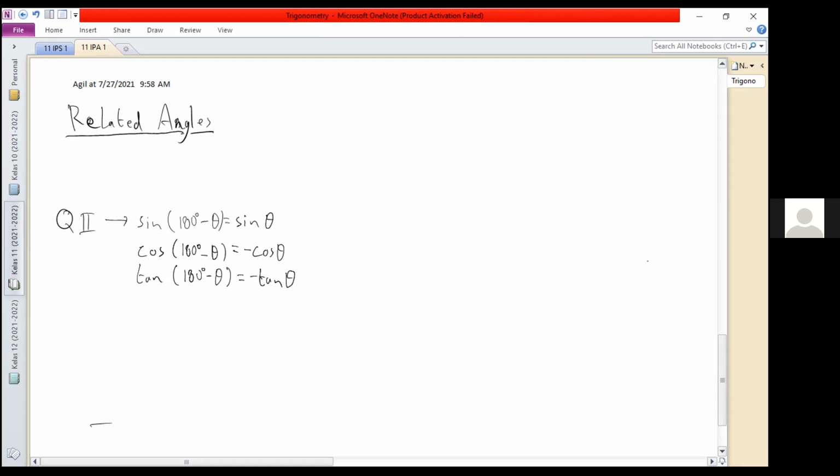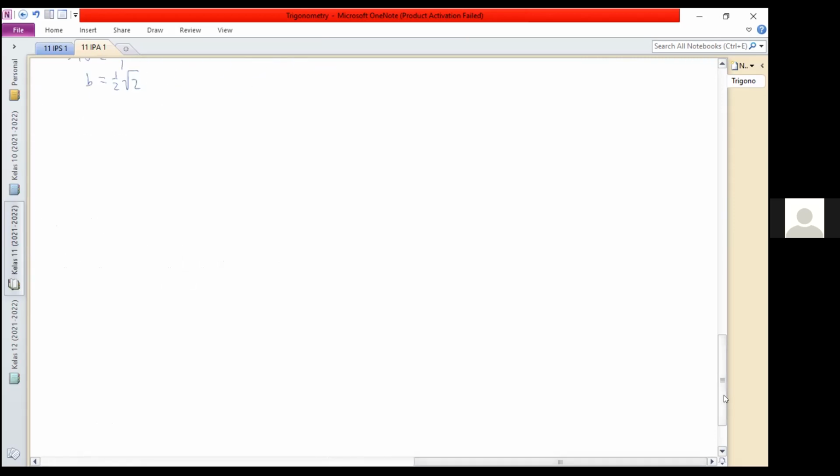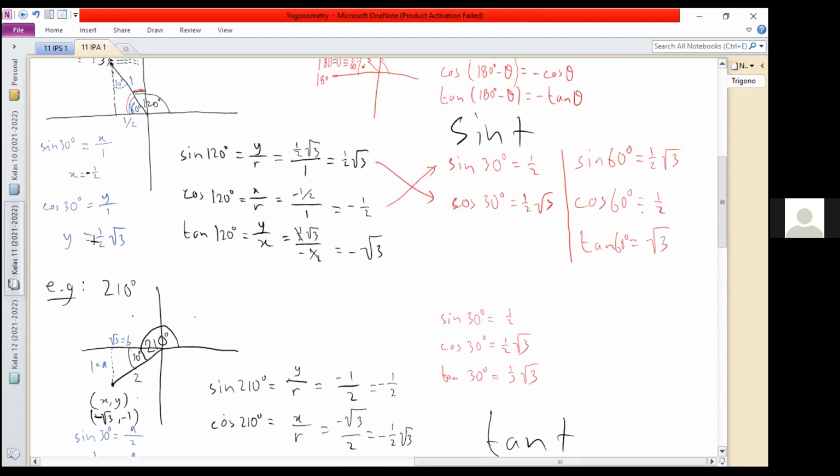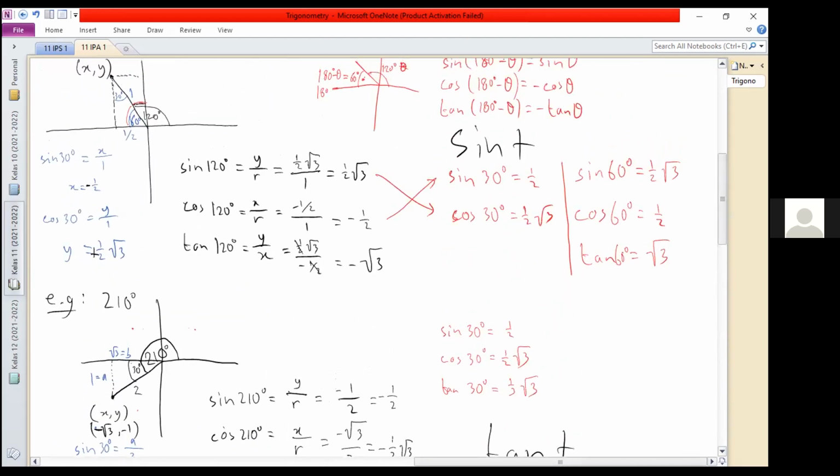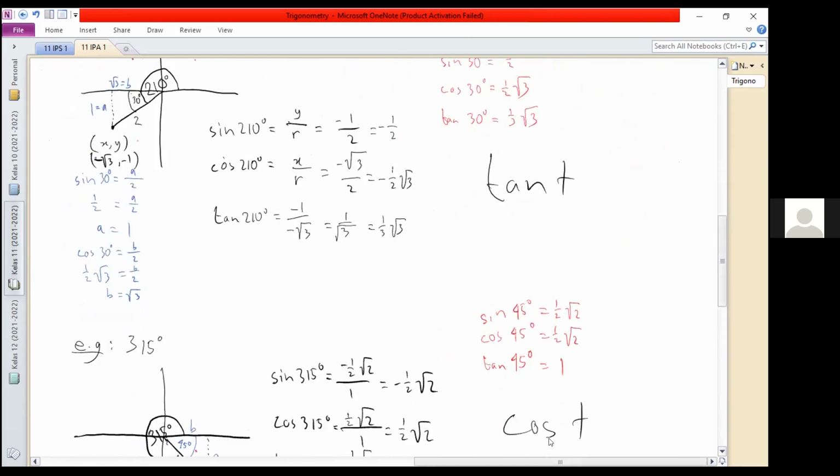Okay, so again, look at the signs in the second quadrant. Remember what is always positive. So let's start with that. Usually to remember the sign: for the second quadrant, sine is positive. Third quadrant, the tangent is positive. The fourth quadrant, the cosine is positive.